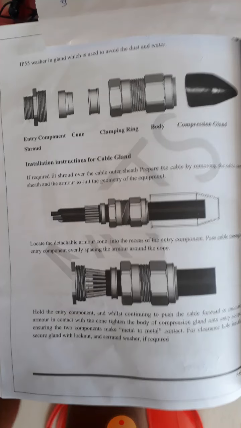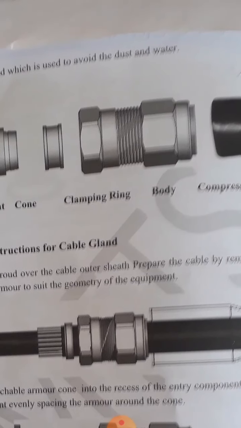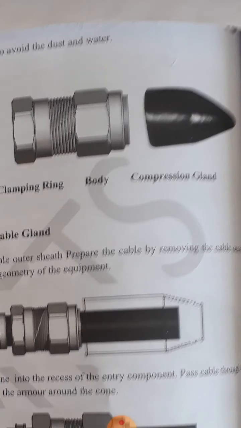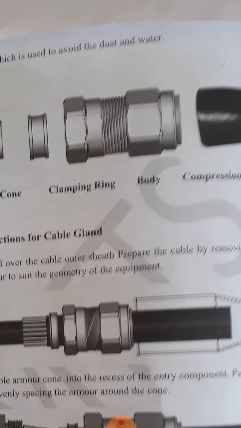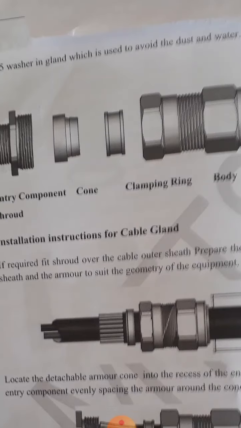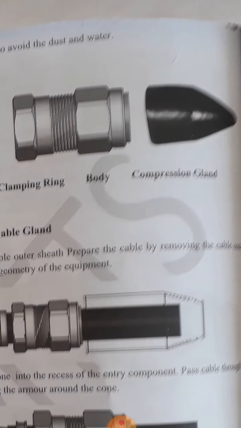Okay, so doing that. And now how to enter: here is the double compressor gland. You see the parts given: shroud, compressor nut, then main body, armor cone and armor ring, armor cone, and after that the cable entry body. So this is the system. First you put the cable inside the shroud.